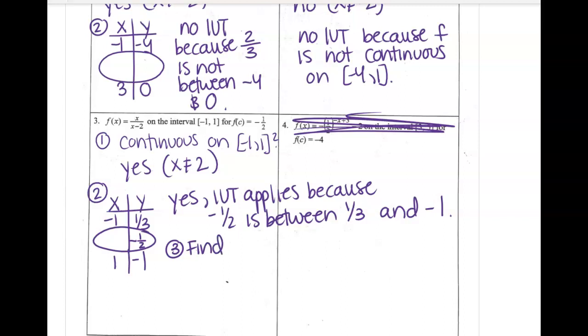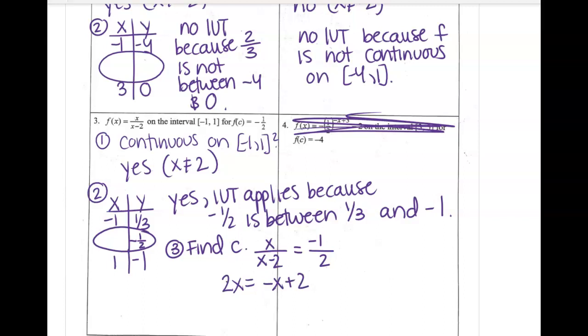So find what the x value would be. So basically we want to know when that function x over x minus 2 is equal to negative 1/2. And so then if we just cross multiply, we'll get x times 2, which is 2x, equals negative 1 times x minus 2, which is negative x plus 2.